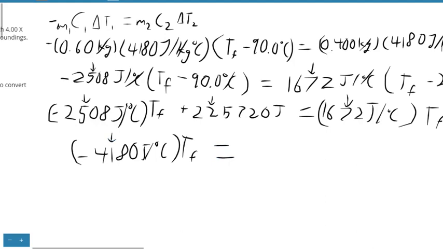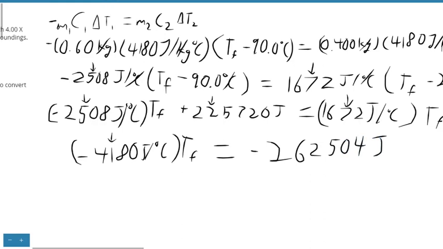So negative 367.84 minus 225720. We get negative 262.2504 joules.